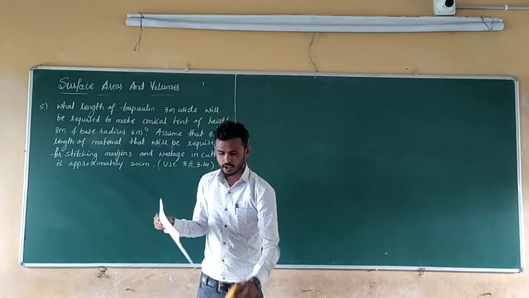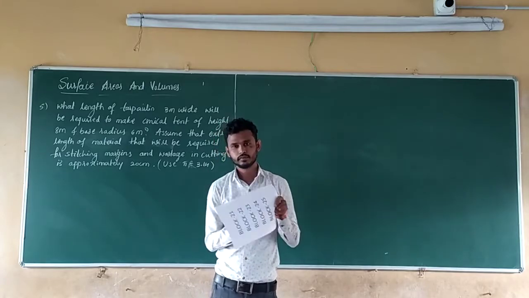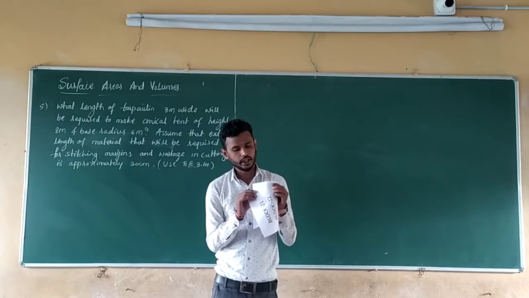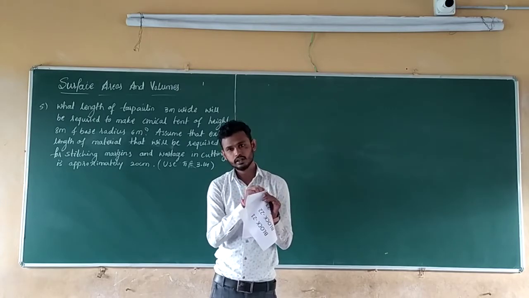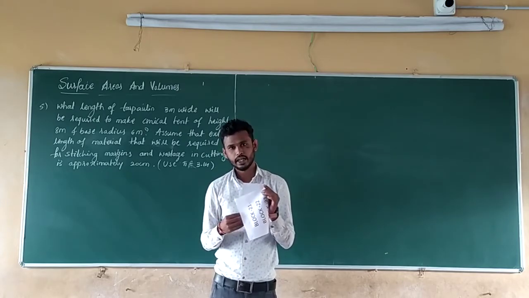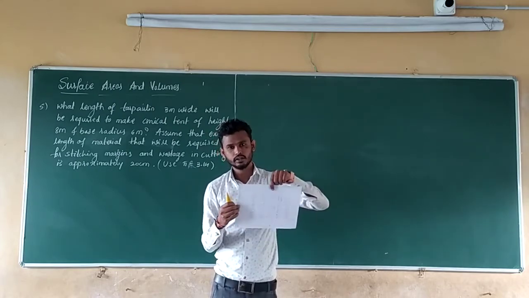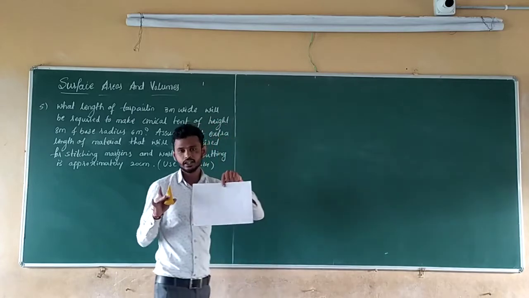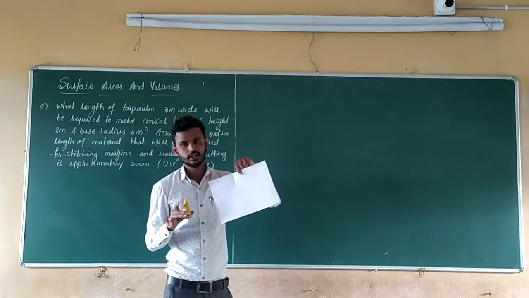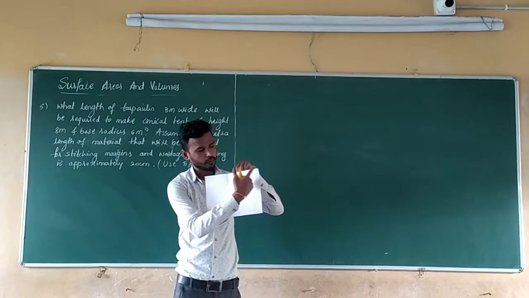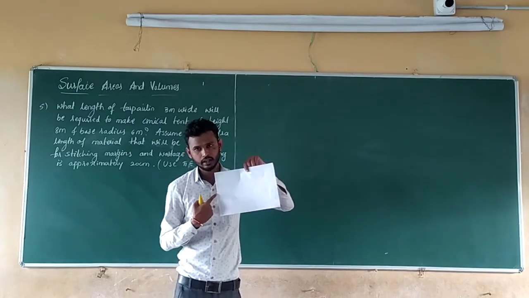If you want to cover the conical tent, you need to cover its CSA. So if you cover this tarpaulin to make that tent, it will be the CSA of the tent, which is the area of this rectangle.